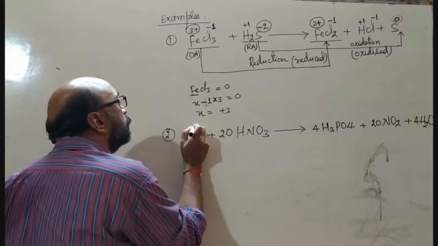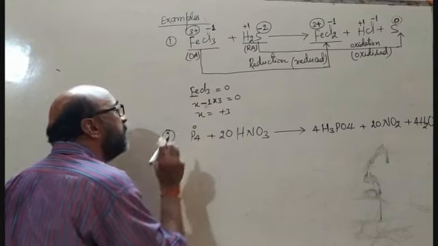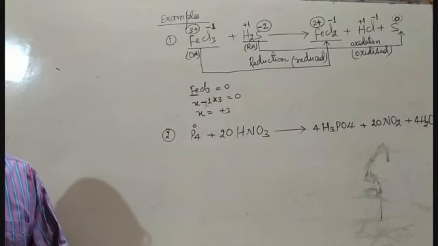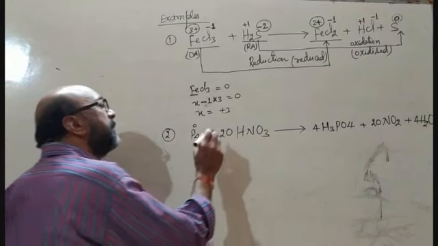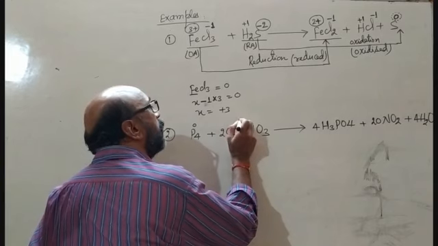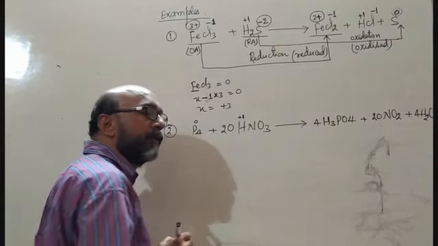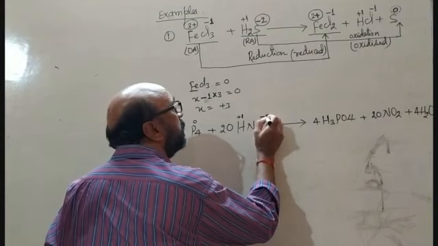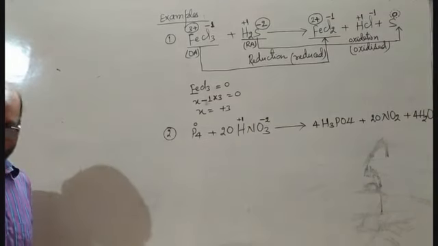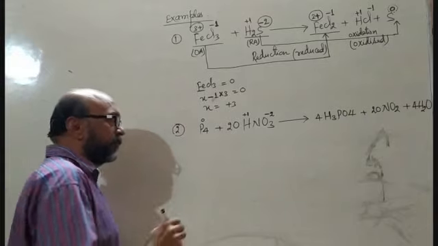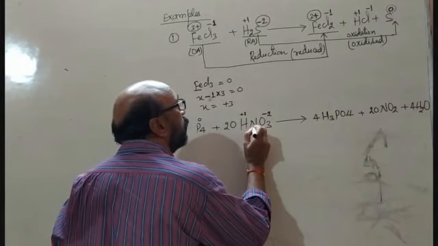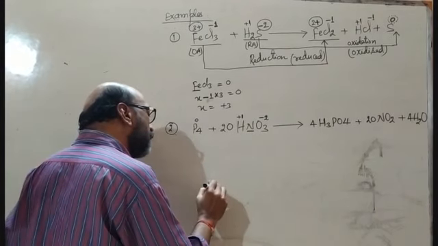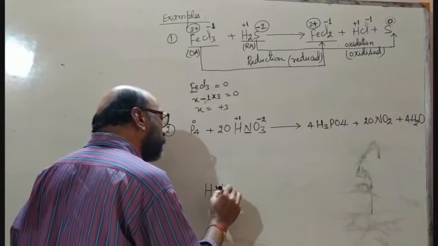Here phosphorus is in elemental state, so the oxidation state of phosphorus is 0. In a compound or ion, the oxidation state of hydrogen is +1. The oxidation state of oxygen is -2. But we need to calculate the oxidation state of nitrogen in this compound. So you will calculate it on your rough paper.